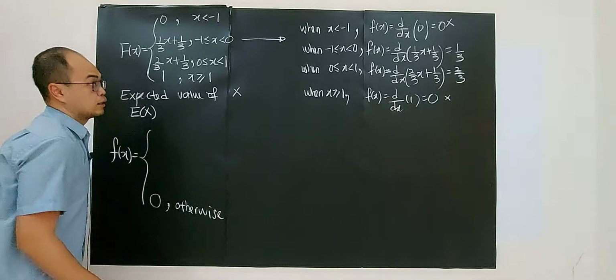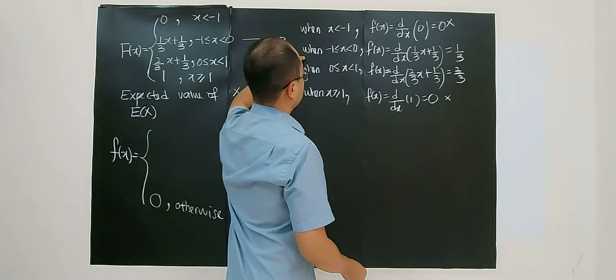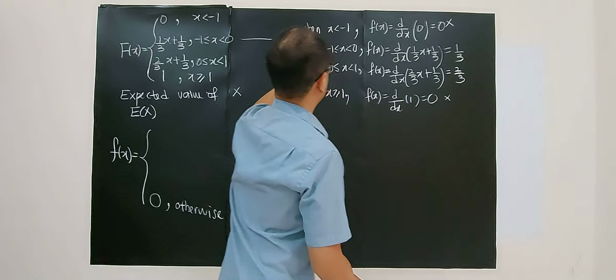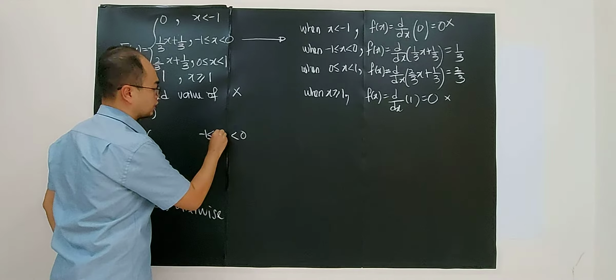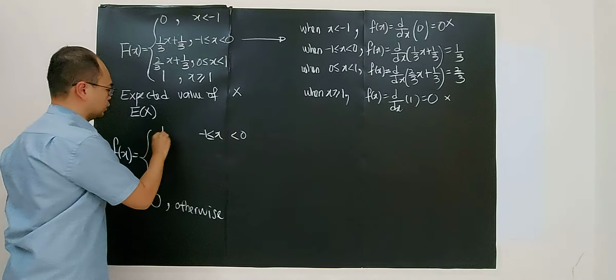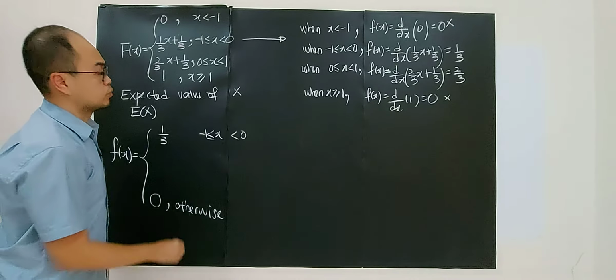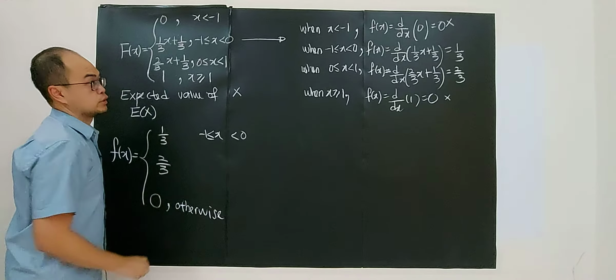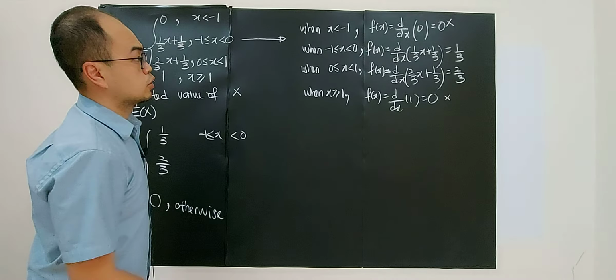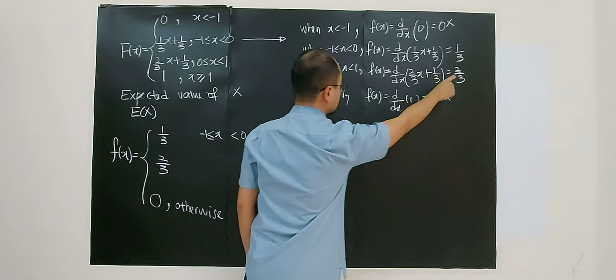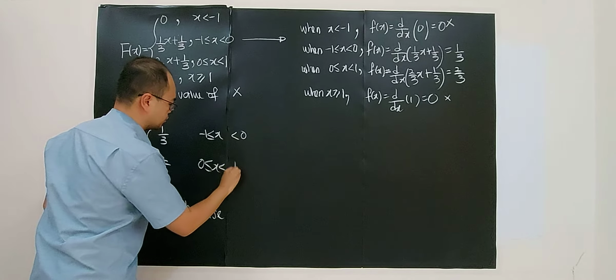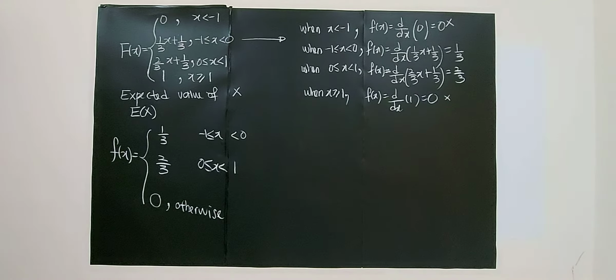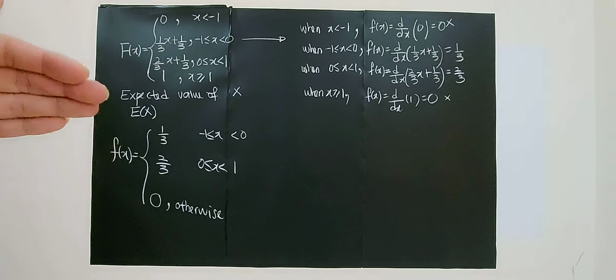For the first one, when x is between -1 and 0, it is 1 over 3. The next one is 2 over 3, for 0 less than x less than 1.